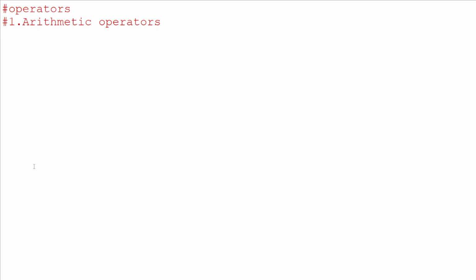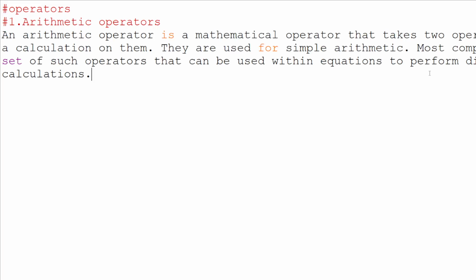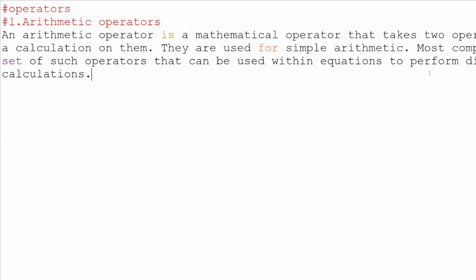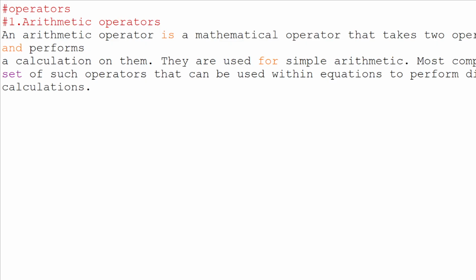Now arithmetic operators. Let's see some notes. I will paste my notes, which are already written. An arithmetic operator is a mathematical operator that takes two operands and performs calculation on them.